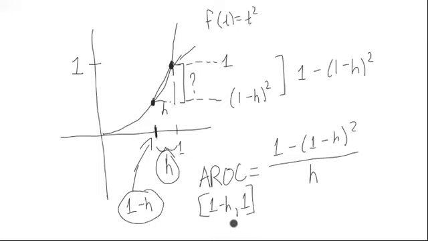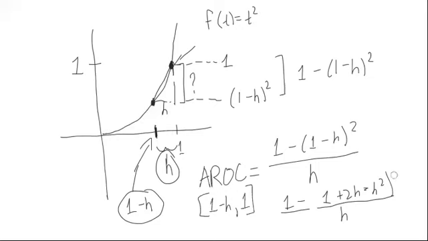Let's algebraically work with this and expand it to get a better feel for what it will look like. We'll have 1 minus the quantity 1 minus 2h plus h squared, all over h. Distributing the negative, the 1 becomes a minus 1, this changes to plus, and this changes to minus.